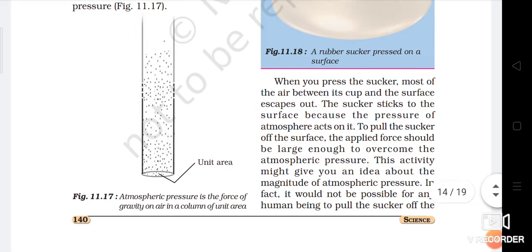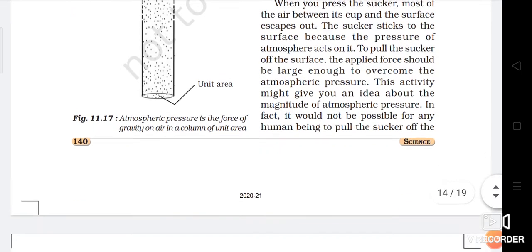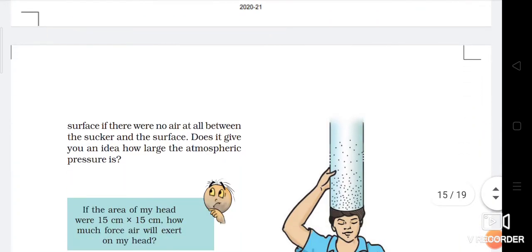This activity might give you an idea about the magnitude of atmospheric pressure. In fact, it would not be possible for any human being to pull the sucker off the surface if there were no air at all between the sucker and the surface. Does it give you an idea how large the atmospheric pressure is?